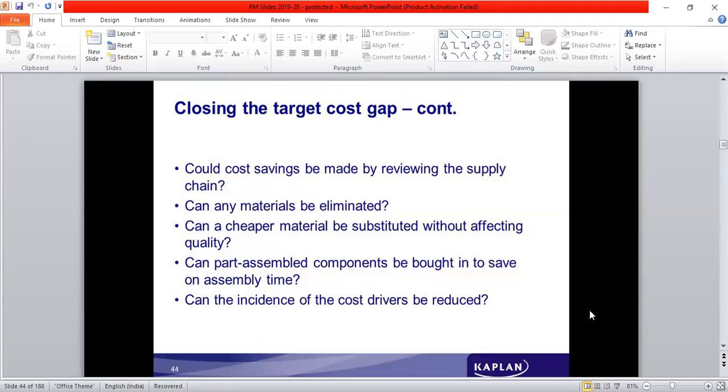If there is a gap between the actual cost price and the target cost price, measures have to be taken to cut down their actual cost, making it equal to the target cost price, or to control the cost or cut down the cost without affecting the value, the quality of it. So what can be taken up? So, closing the gap.